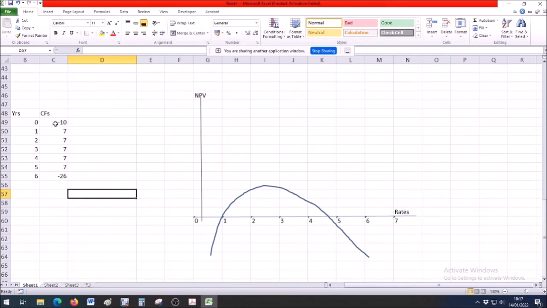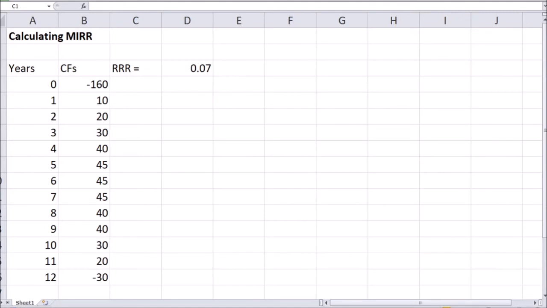So what we're going to do is use another criteria, which is called modified internal rate of return, modified IRR. So let's have a look at an example of calculating modified internal rate of return, MIRR.